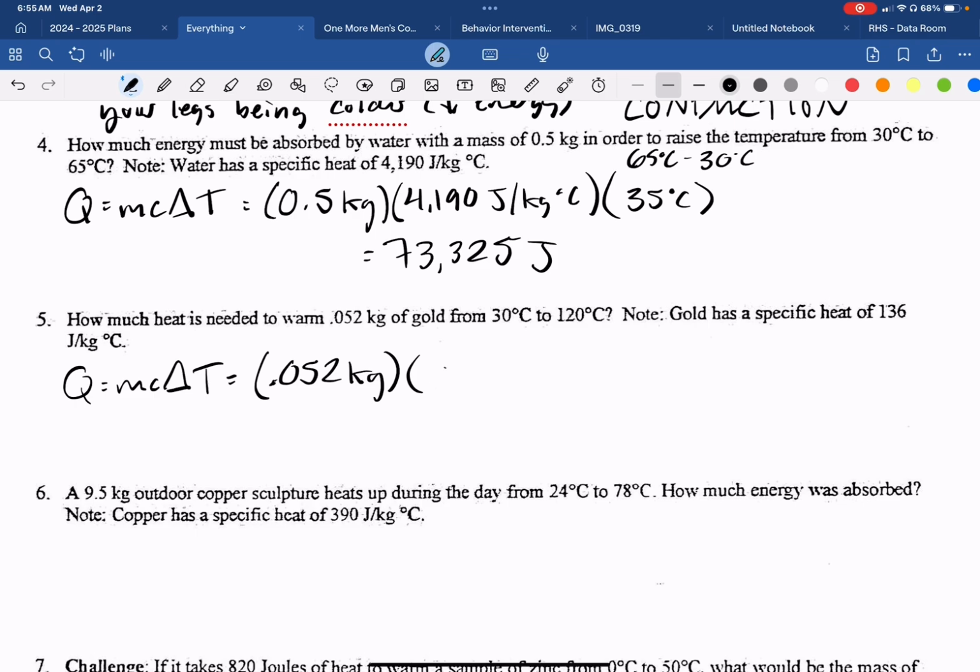The specific heat of gold is 136 joules per kilogram degree Celsius. And the change in temperature, we went from 30 to 120. This was a positive change of 90 degrees Celsius. When we multiply all that out, you get 636.5 joules. That's how much heat it takes to warm up that much gold, 90 degrees Celsius.